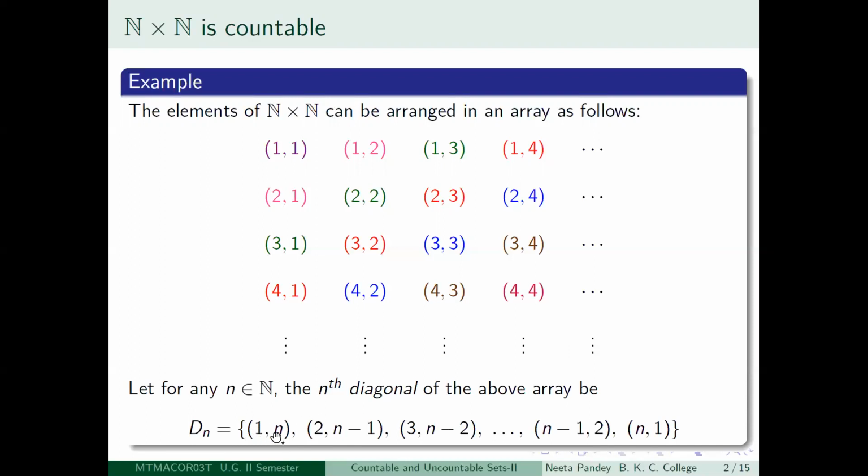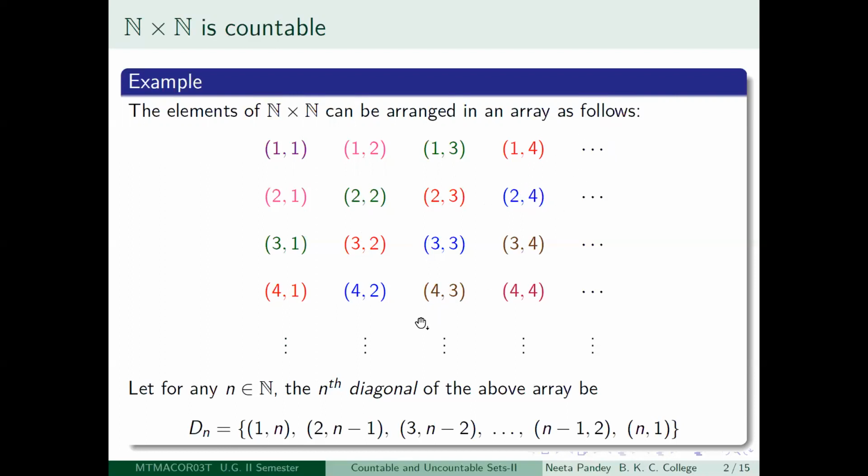So I have (1,n), (2,n-1), (3,n-2), and so on till (n,1). D3 is this one, where the sum is 4. This is D4, where the sum is 5, and it will continue from here. In this fashion you will get all the diagonals.